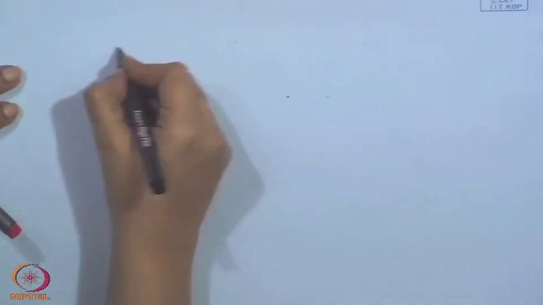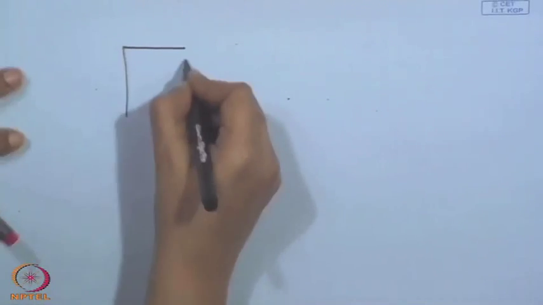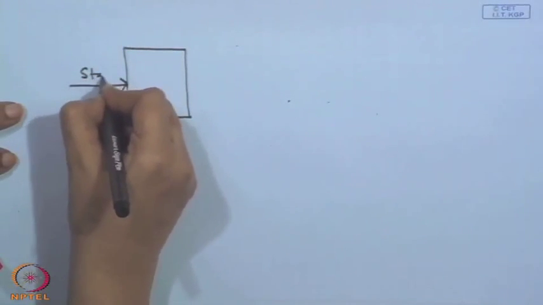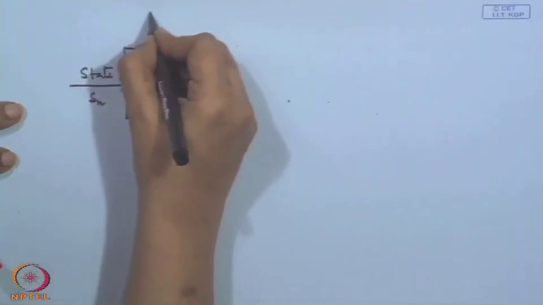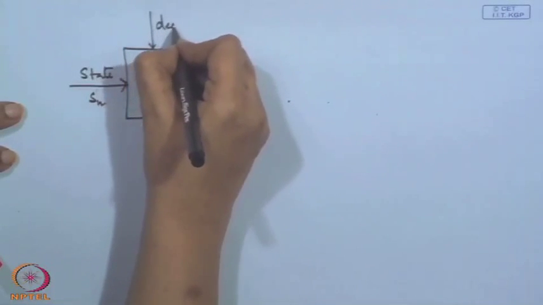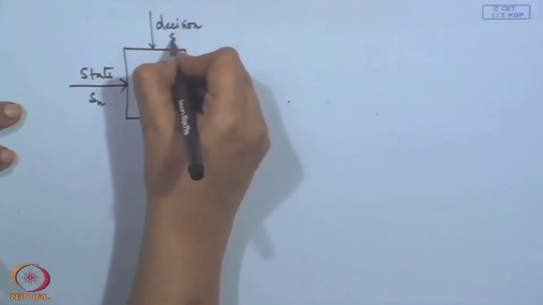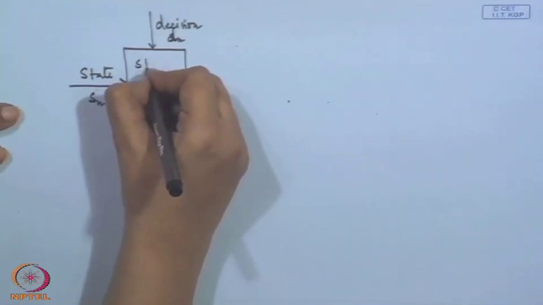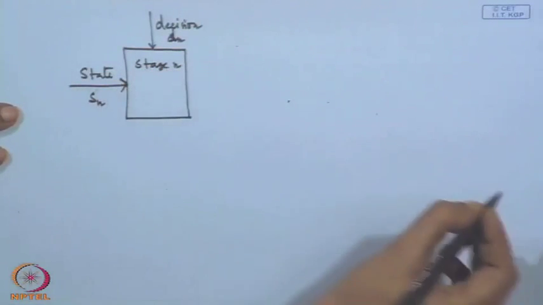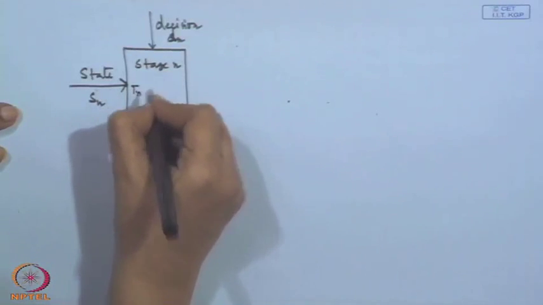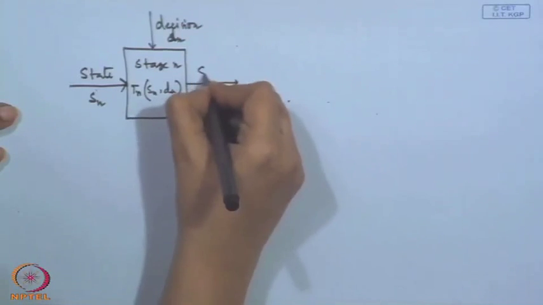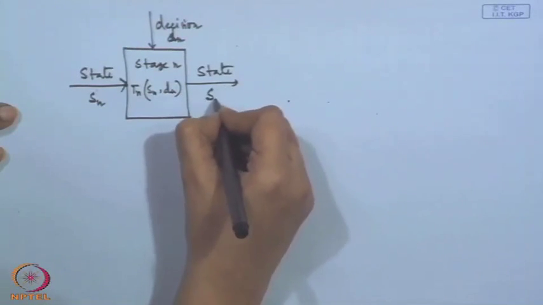Now, if I just draw the figure of a multi-stage decision making process, then we would see that state Sn and the decision Dn are the inputs for stage n. Then we will have the stage transformation equation Sn, Dn, and we will move to the next state, that is Sn minus 1.